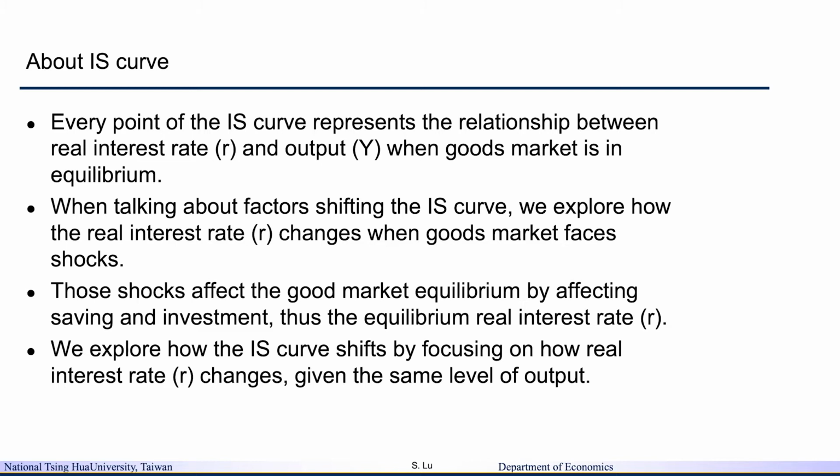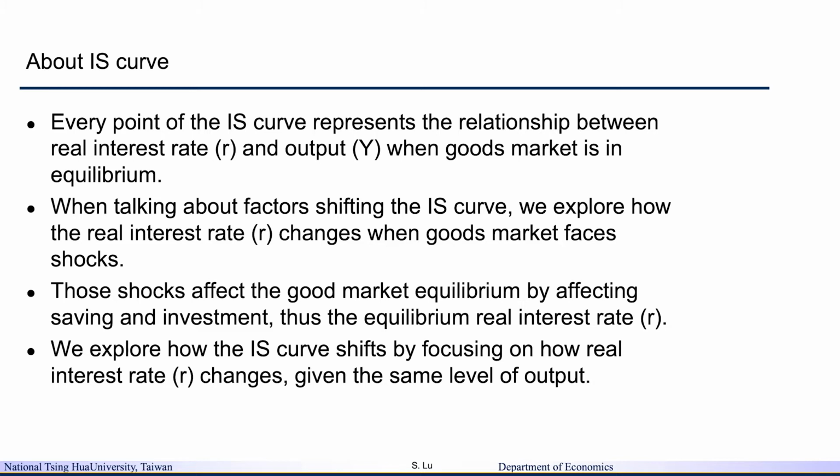Therefore, when we talk about the factors shifting the IS curve, we want to see how the real interest rate changes when some shock happens to the economy. Given that the real interest rate is the price of the goods market, to identify how each factor affects the IS curve, we take a fixed level of Y and see how the shock affects the equilibrium real interest rate.